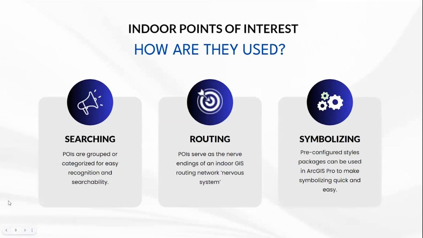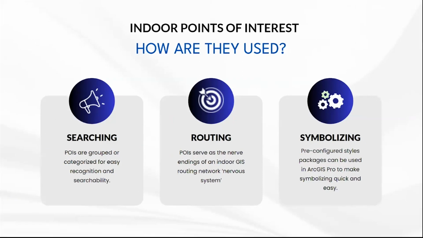So particularly in indoors, how are they used? One thing they are used for is searching. It's important that we have those POIs available as we search the categories from our indoors applications. Routing is important. One way to think about points of interest when it comes to route networks is I like to say that they are the nerve endings of the route network nervous system.